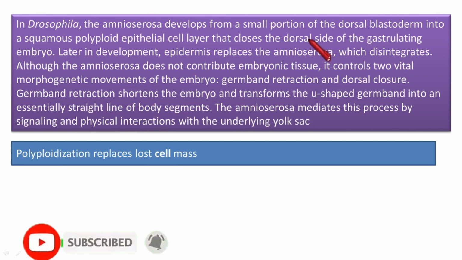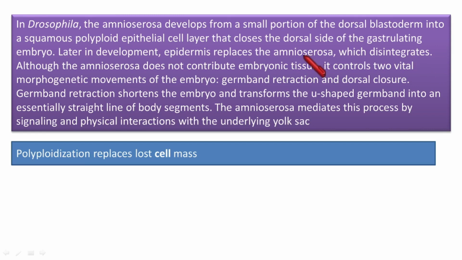Amnioserosa develops from a small portion of the dorsal blastoderm. And what is its role? It closes the dorsal side of the gastrulating embryo. But as gastrulation proceeds, it gets replaced by epidermis, and as the amnioserosa is replaced by epidermis, it disintegrates and disappears.